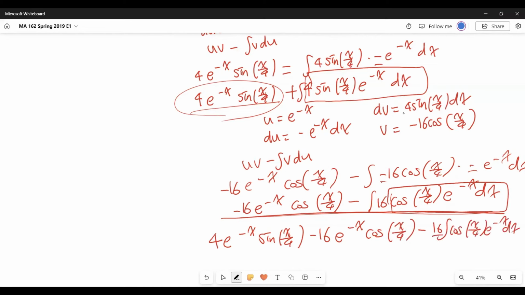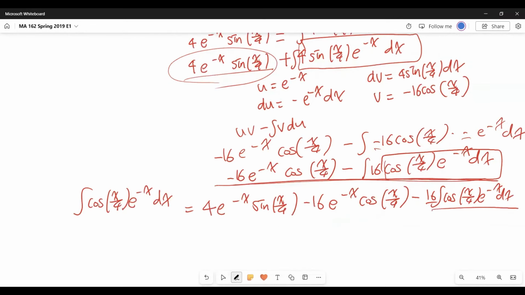I took negative 16 out of the integral, and this is equal to the integral of cosine x over 4 e to negative x dx. Since they're the same thing, you can call this value I. I equals the integral of cosine x over 4 e to the negative x dx, because we don't want to write it over and over again. This is just for my convenience.